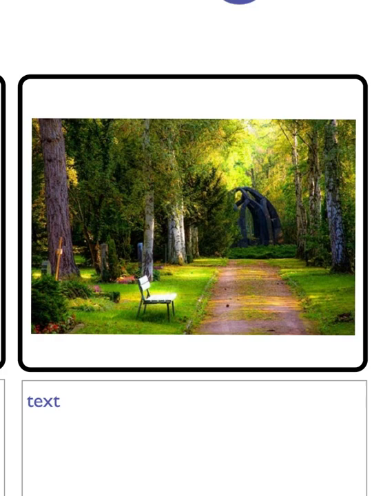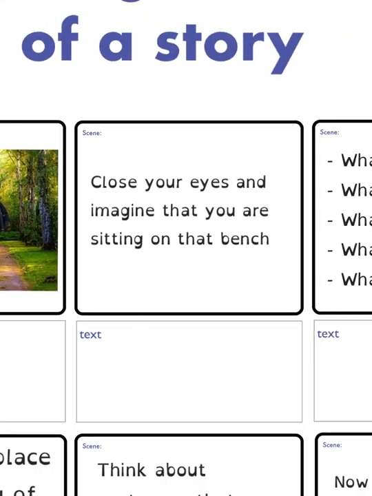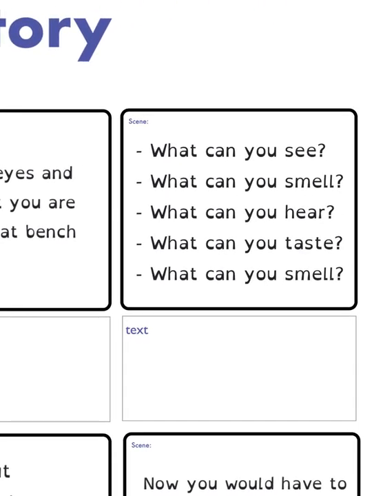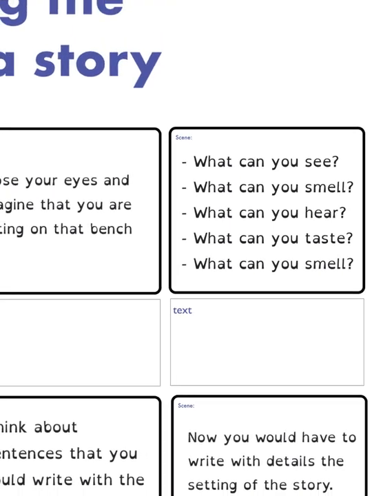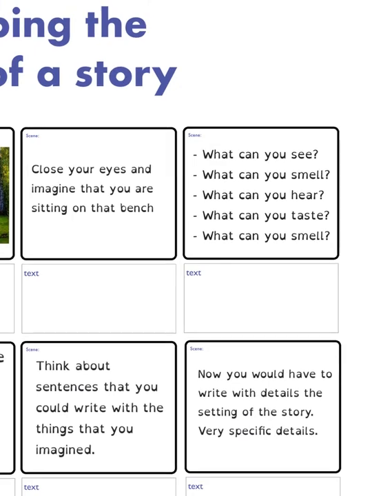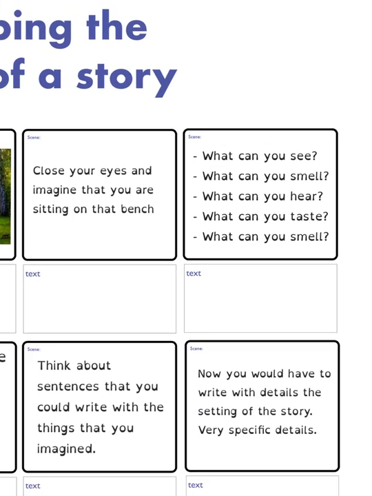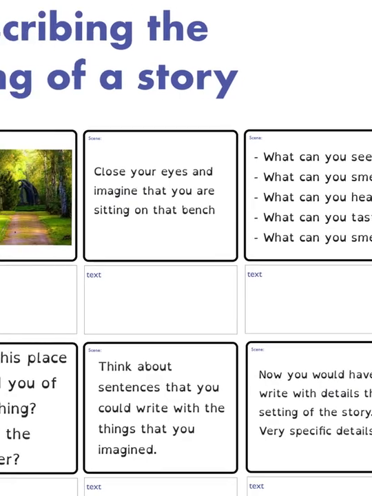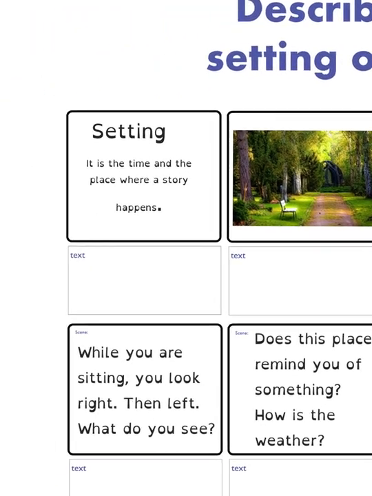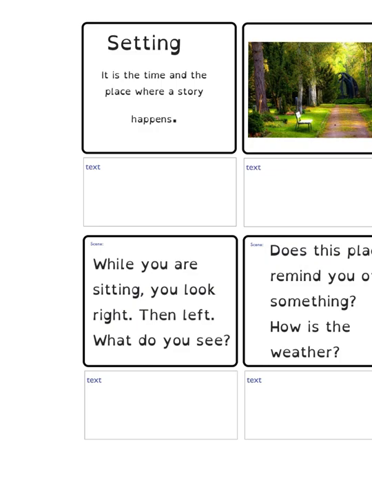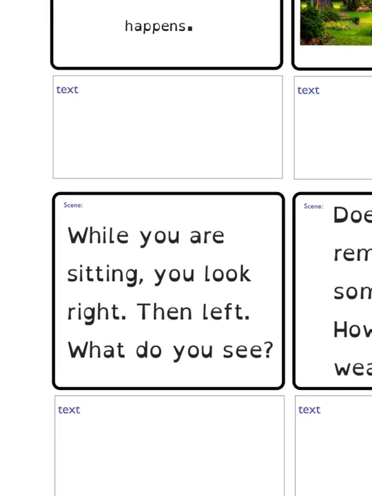Okay, I hope you were able to answer all these questions. What can you imagine that you will see if you were sitting on that bench? This helps you a lot to see details, and when you're writing a story, it's going to help you describe the setting where the story is happening. Then again, you can ask yourself to be really specific.